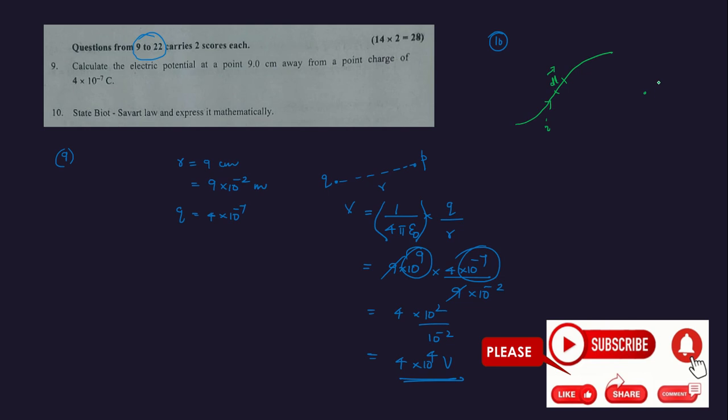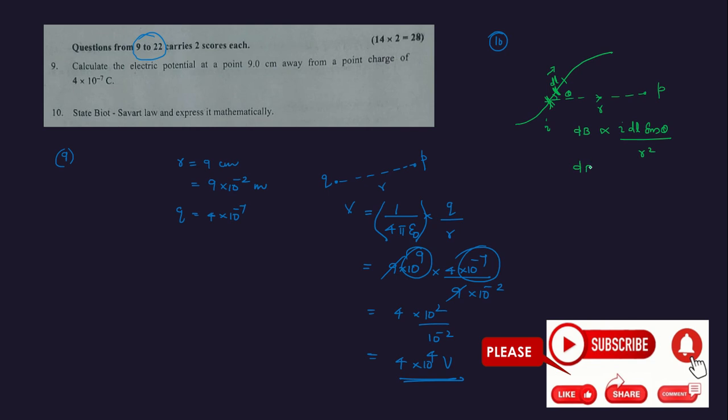We need to find its magnetic field contribution at a particular point P at a separation r from the current element dl. Say this is the current element dl, and it makes an angle theta. So the contribution dB is proportional to the current element I dl, the sine of the angle between r and dl, and division by r square.